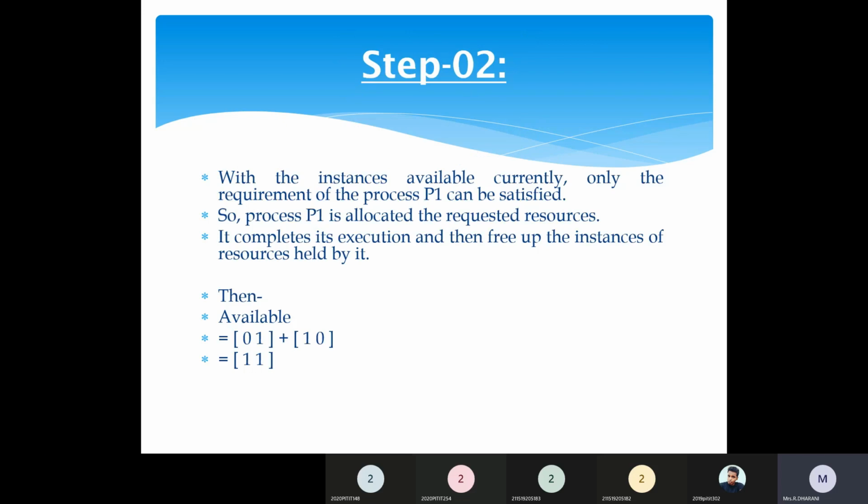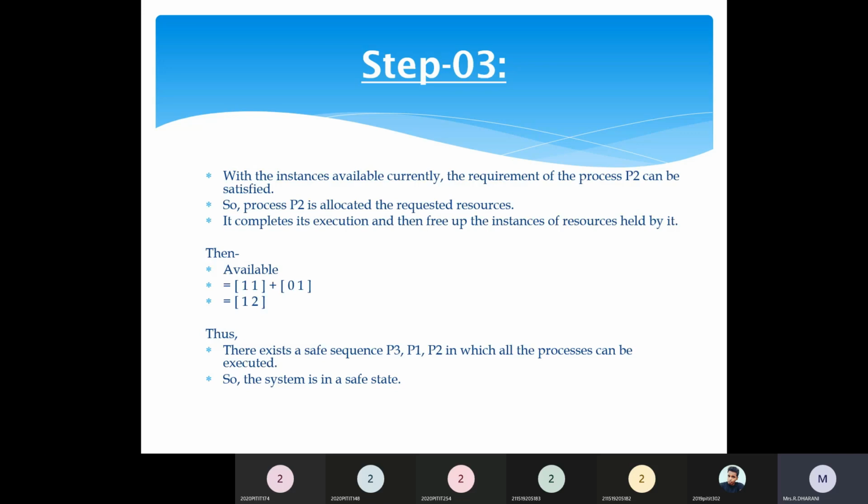So what is the availability now? P3 is already 0, 1. After using it, we will return the resources, so the current availability of resources is 1 and 1. With the instances available currently, the requirement of process P2 can be satisfied, so P2 is allocated the requested resources.